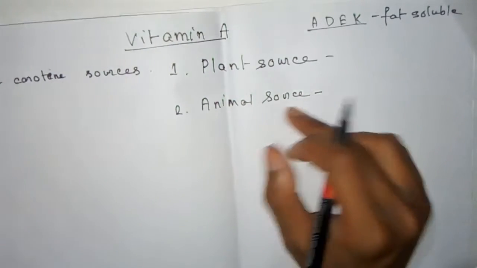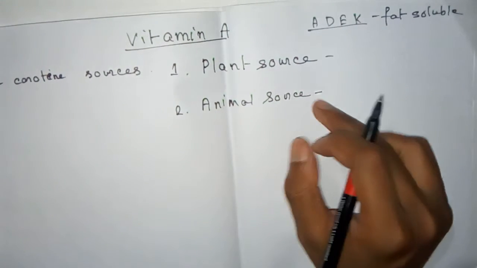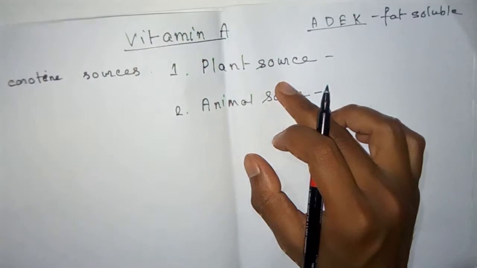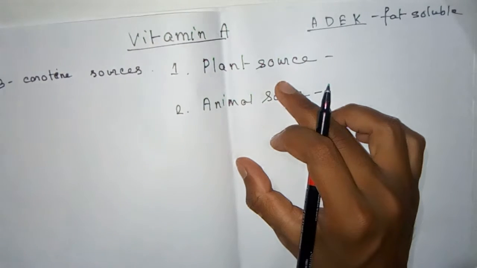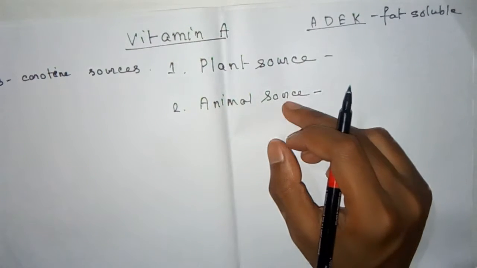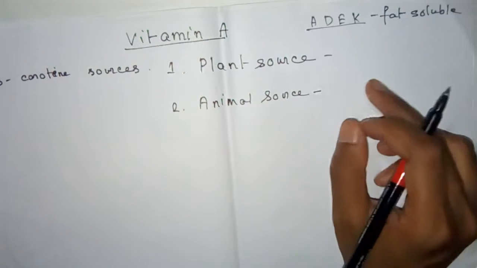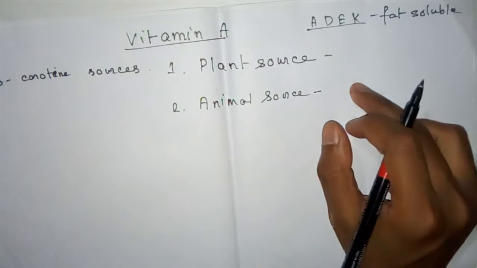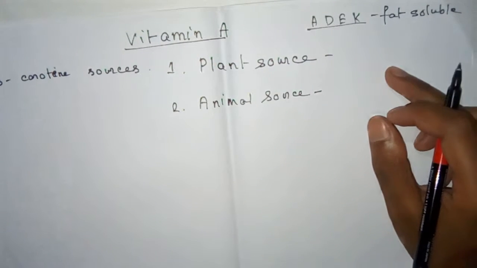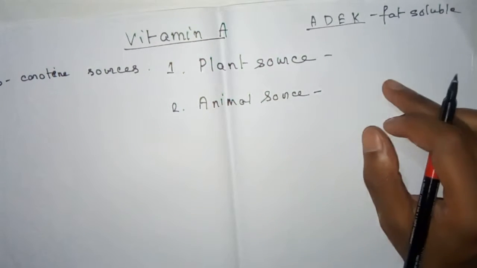Now the animal sources. The animal sources are liver, milk, butter, eggs, kidney, the fat of muscles, and fish liver oil.